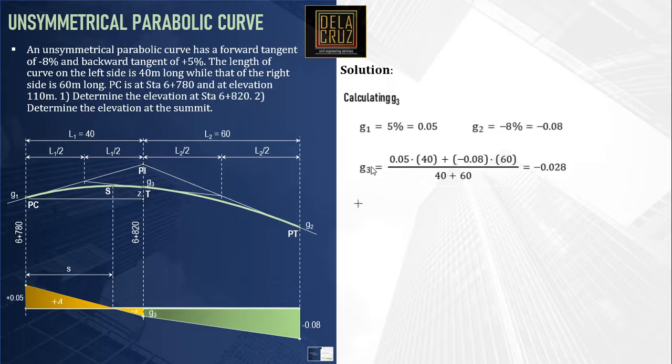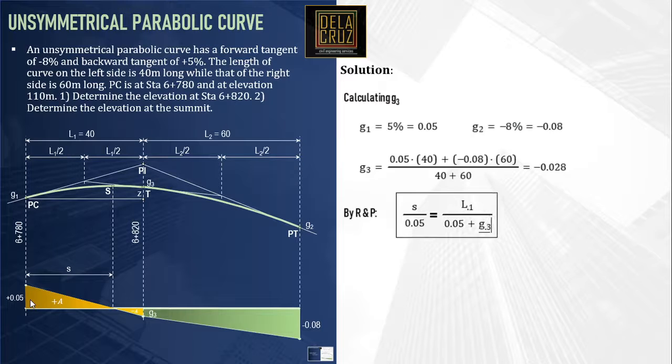By ratio and proportion, s is to G1, 0.05, is equal to the total length of this triangle. We can just consider a big triangle here, so that is L1 over the total vertical grades, that is 0.05 plus G3.